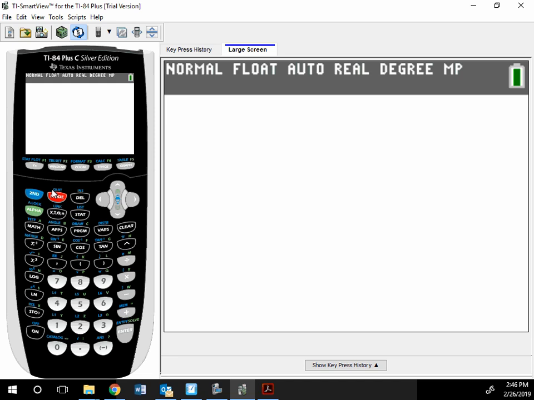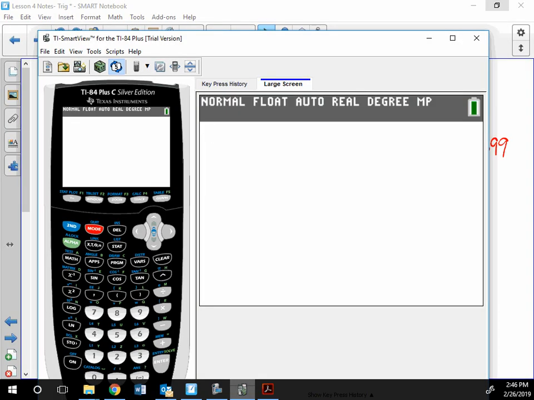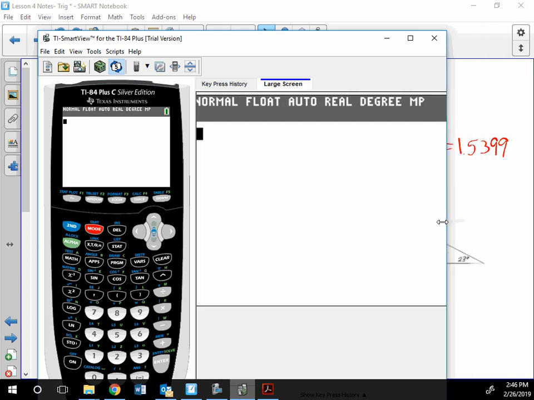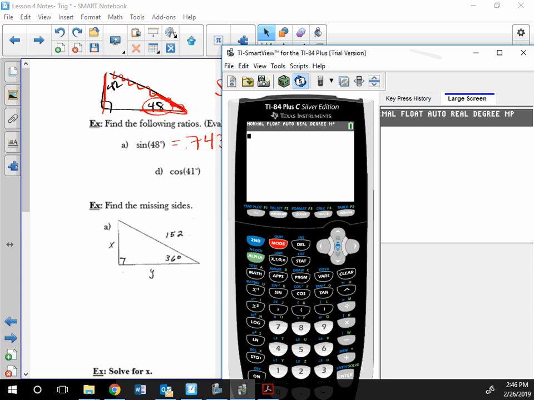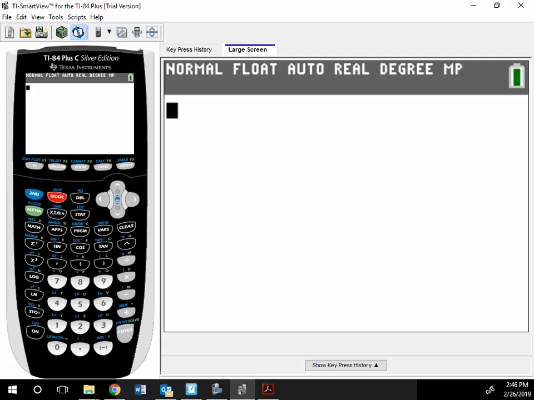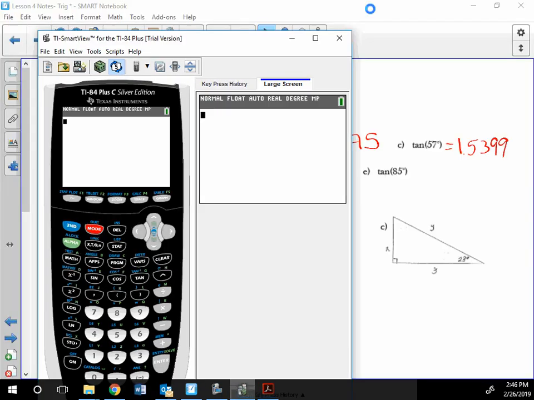Okay, so our first one that we did was sine of 48. So we're just going to type into our calculator sine 48. Now that chart is the value rounded to 4 decimal places.